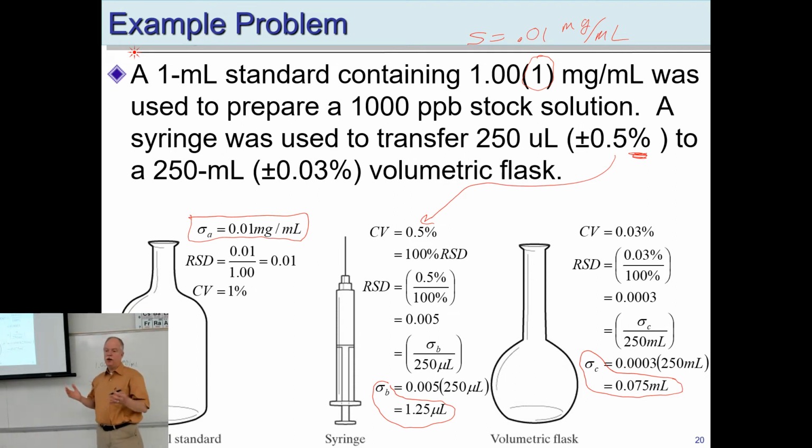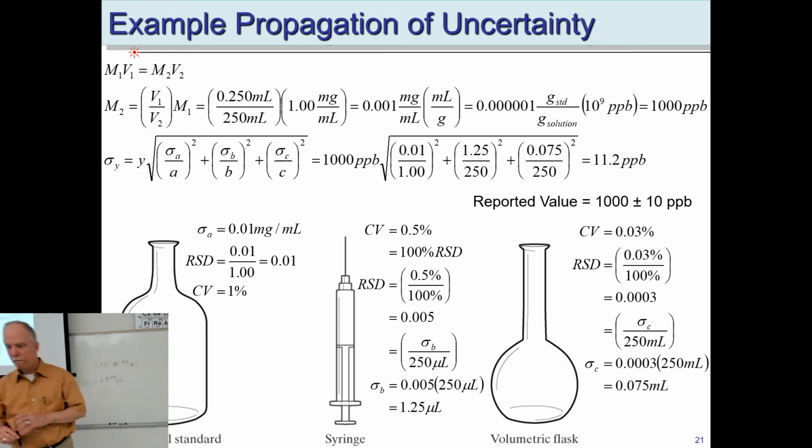And so what we want to know is we've got now a stock solution. What's our uncertainty in the stock solution? We know it's a 1,000 parts per billion stock solution, but it would be nice to know if it's very precise or not. And so then we'll do that on the next page.